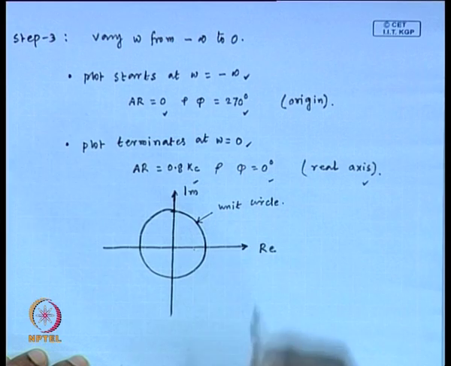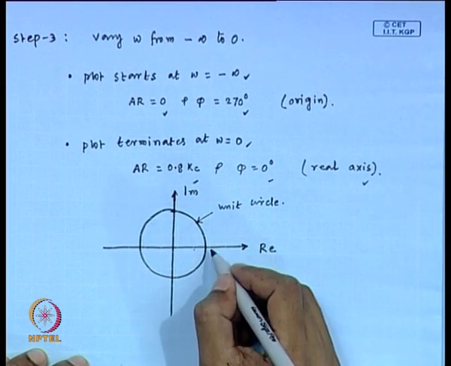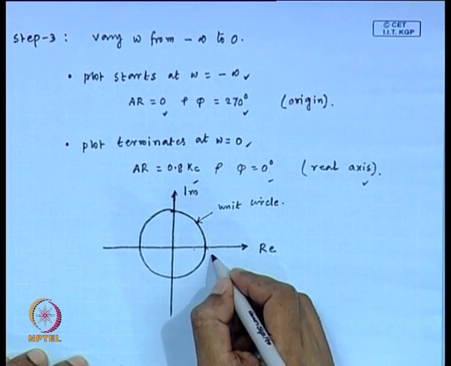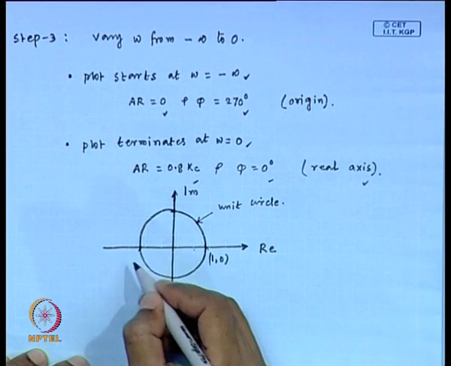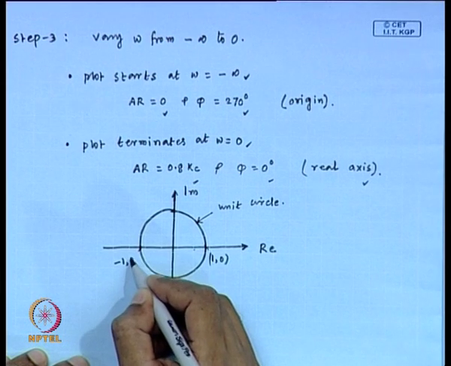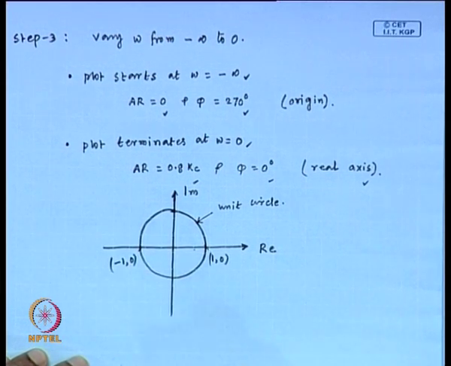So, this is 1 0 and this point is minus 1 0 and this is the origin.